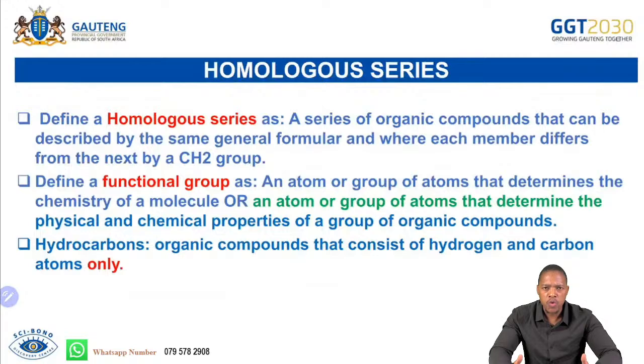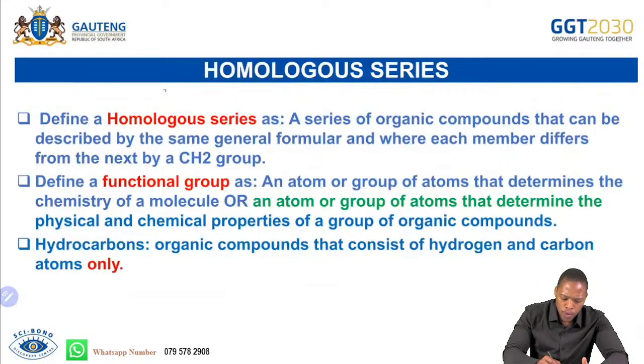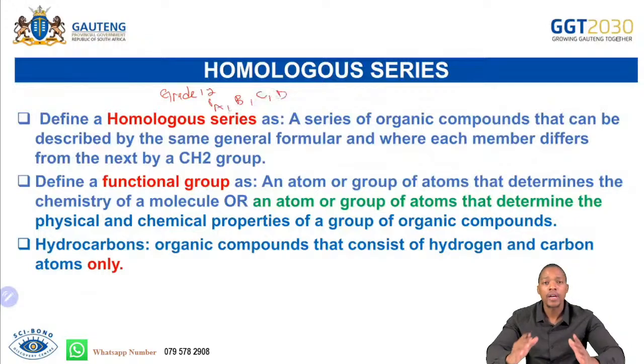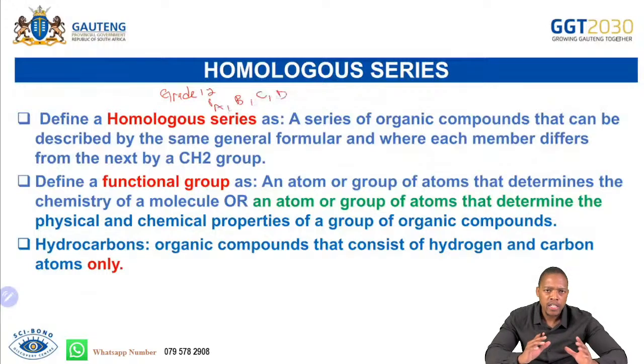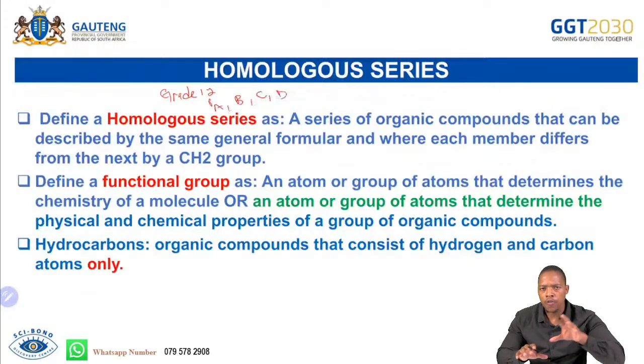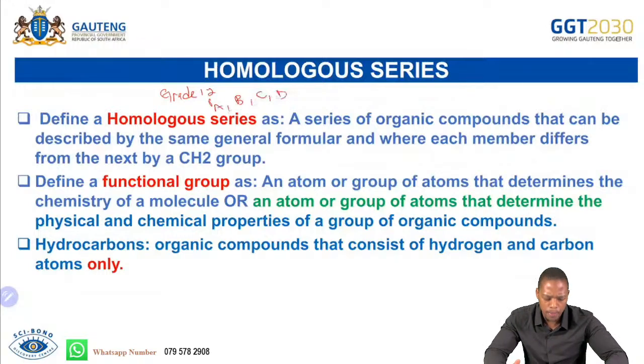Another example that I usually make is all of you are doing grade 12, but within grade 12, there is grade 12A, there is grade 12B, there is grade 12C, and there is grade 12D. And all these grade 12s, they differ most of the time in terms of the subjects that they do. So you can identify each grade 12 based on the subject they do. So that's what we are also going to have with this carbon to carbon chain.